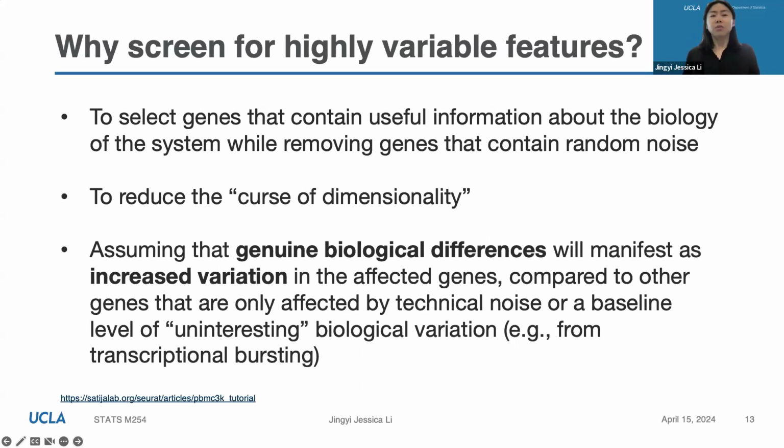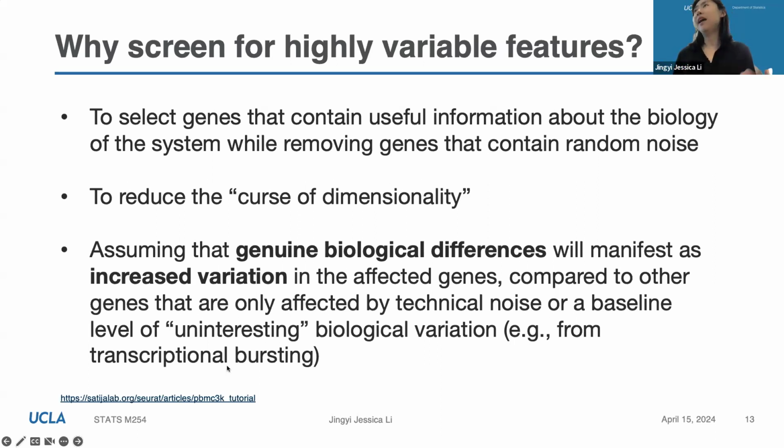And to do this, we select highly variable genes, which essentially has an assumption that genuine biological differences are manifested as increased variation. So high variance more likely reflects biological differences than technical differences, while the uninteresting biological variations, say from biological noise or transcriptional bursting, are not wanted.